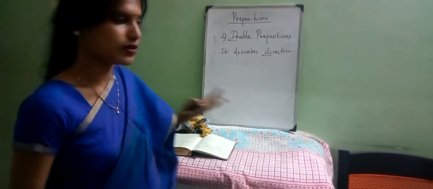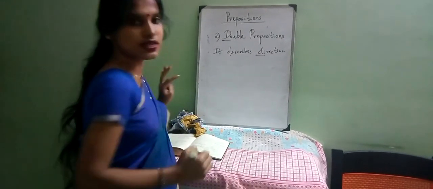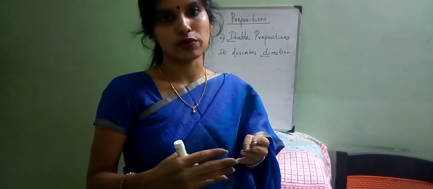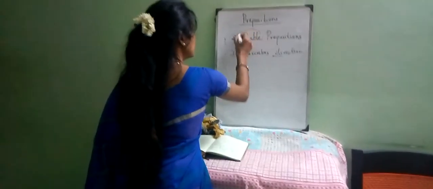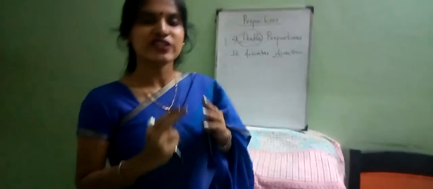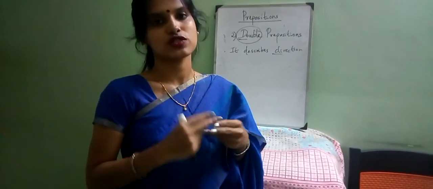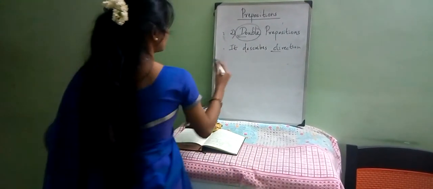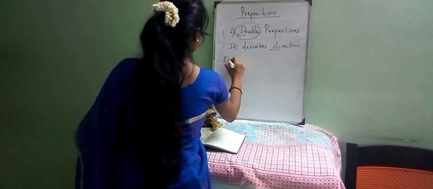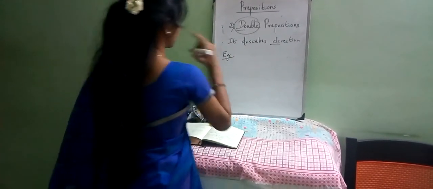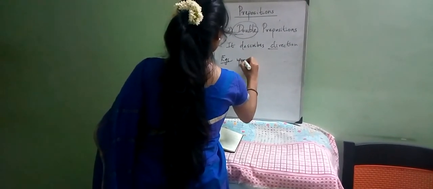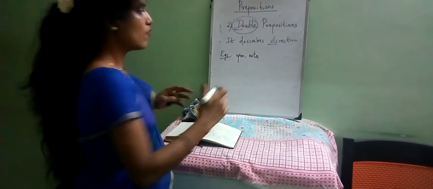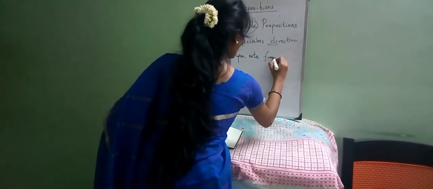So what are the examples? And the most important second thing is two simple prepositions join together to form a double preposition, as the name double suggests. So double means two. Two simple prepositions join together to form double prepositions. So the examples are upon, onto, from within.